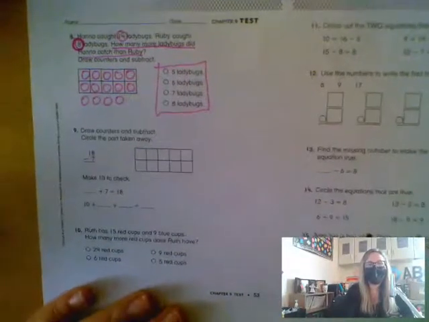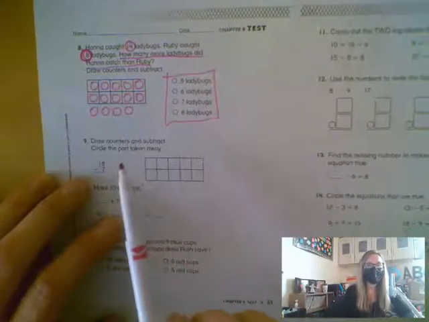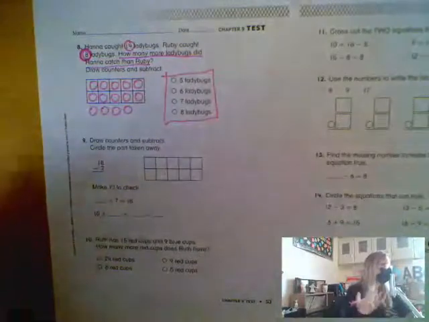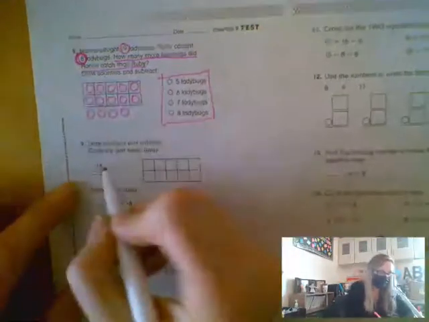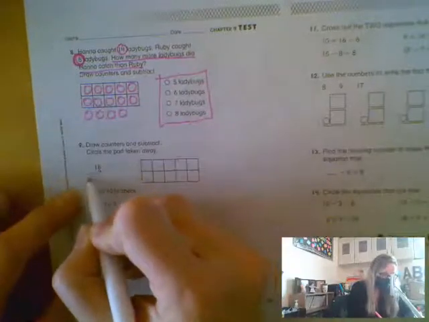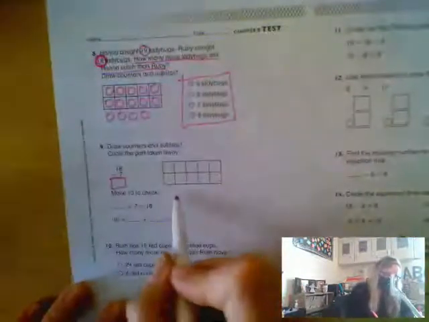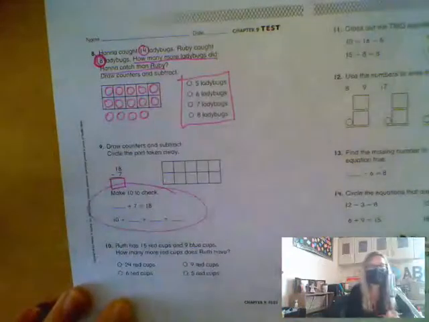Okay, looking at number 9. It says draw counters and subtract. Circle the part taken away. You can cross it off too if you want to. It's easier for me if I cross them off. I told you guys that. So draw 18, take away 7, put your answer here, and then using those numbers, fill in the blanks.